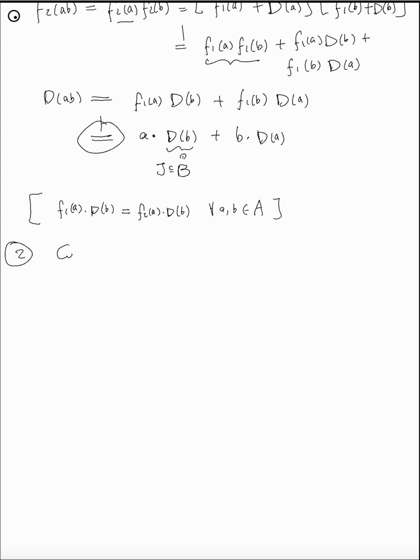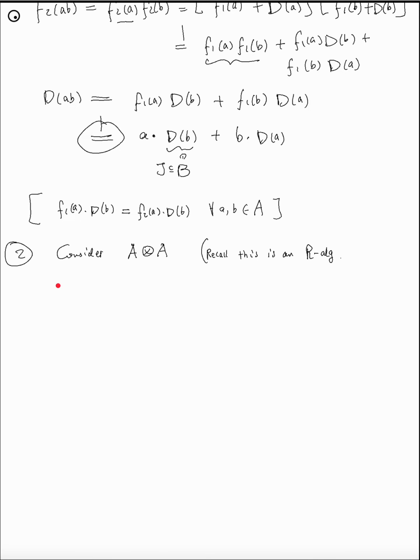Let's consider this tensor product of R-algebra A. So remark, recall this is an R-algebra, right?